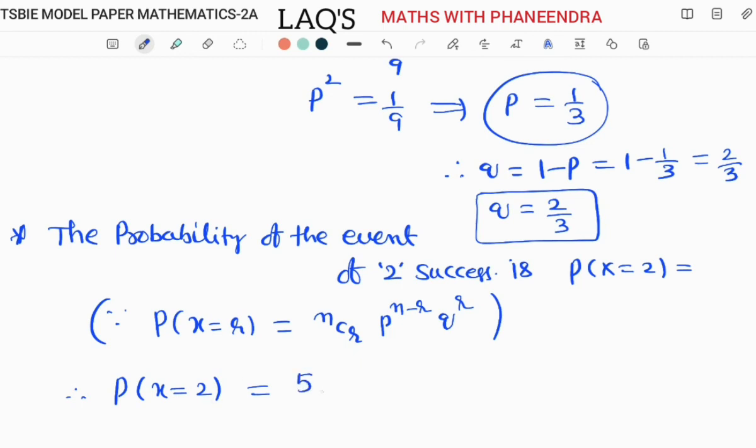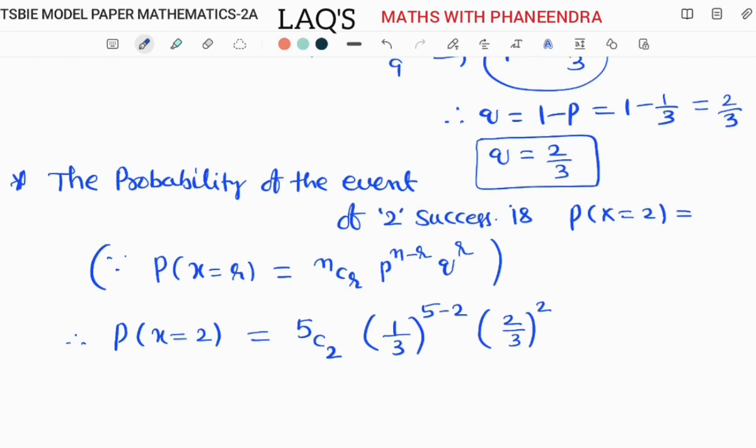So 5C2, p value is 1 by 3 whole power, q value 2 by 3. 5C2 means 10, 5 into 4 by 1 into 2.